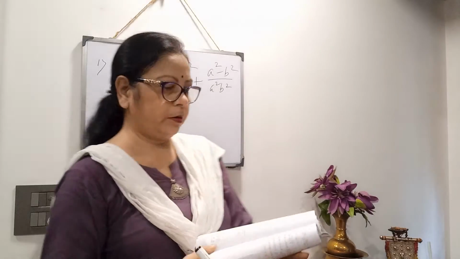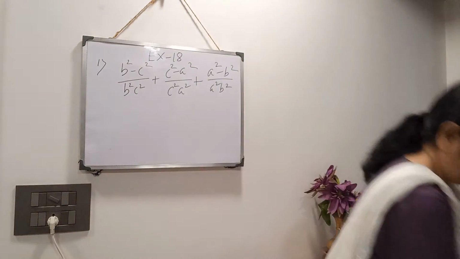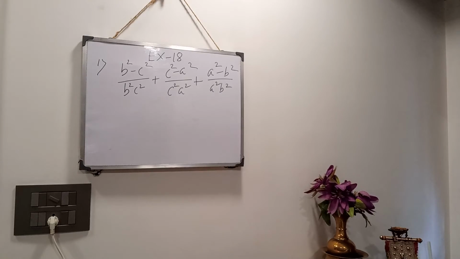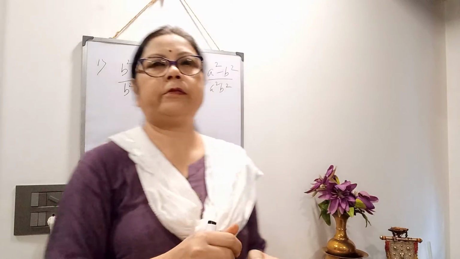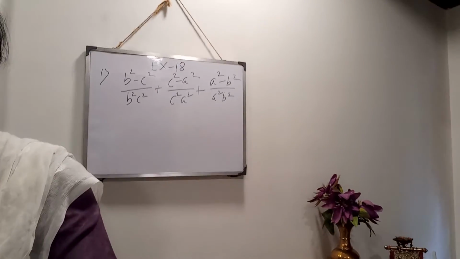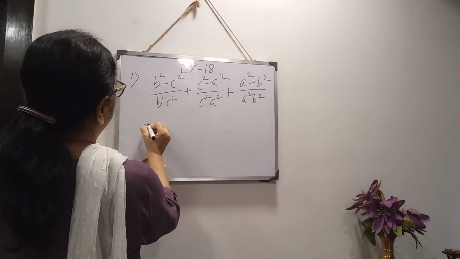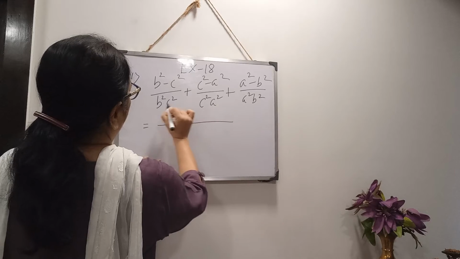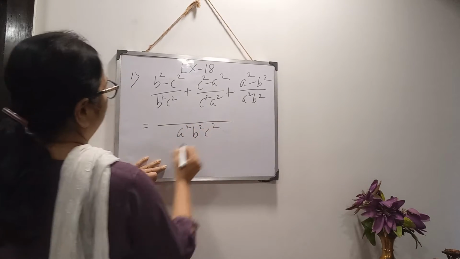This is fractional addition, so all of you know what to do. We'll take the LCM. What is our LCM? Here my LCM is a square b square c square.